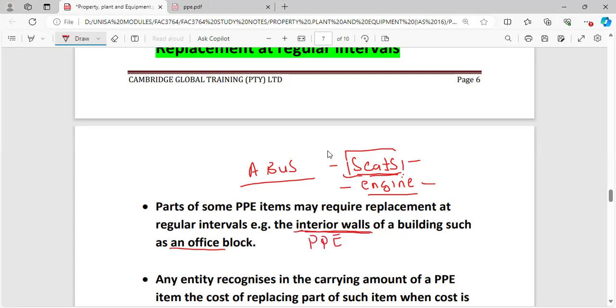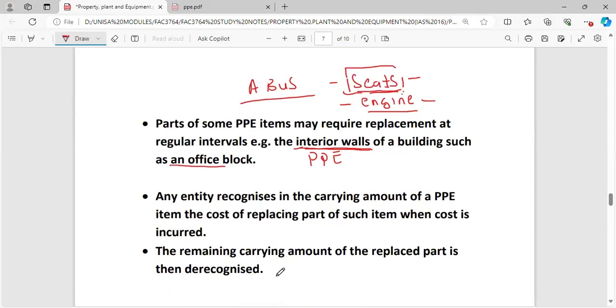I think there's a question on this one that we are going to look at. Then they say an entity recognizes in the carrying amount of a PPE item the cost of replacing part of such an item when the cost is incurred, and the remaining carrying amount of the replaced part is then derecognized, which means once we replace the seats for the bus, those old seats' carrying amount, we remove them from our PPE.